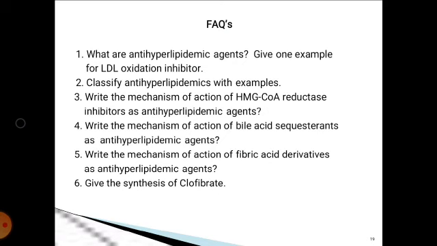Third, write the mechanism of action of HMG-CoA reductase inhibitors as anti-hyperlipidemic agents. Fourth, write the mechanism of action of bile acid sequestrants as anti-hyperlipidemic agents. Fifth, write the mechanism of action of fibric acid derivatives as anti-hyperlipidemic agents. Sixth one, give the synthesis of clofibrate.